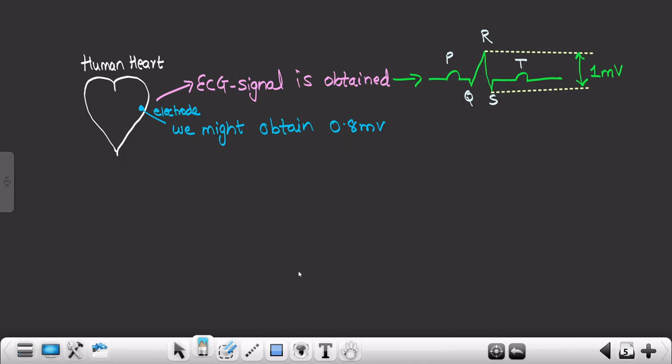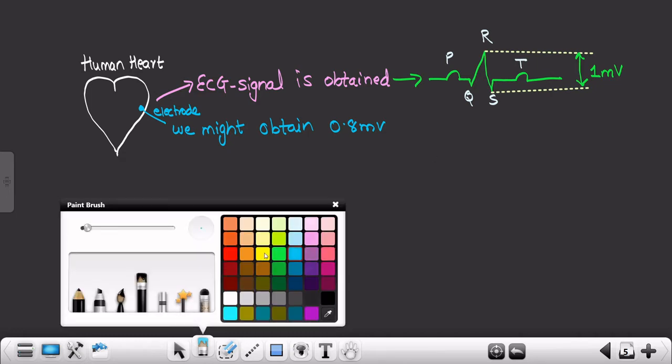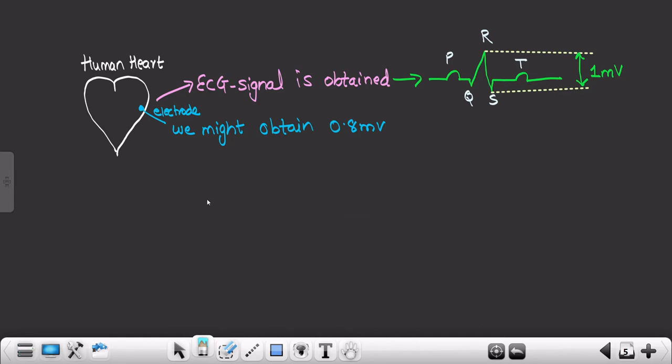So due to this reason, we need one amplifier. Why? To study the characteristic of this particular signal. I hope you are getting my point, my dear students. To study the characteristic of this signal, we are analyzing the working of the heart.